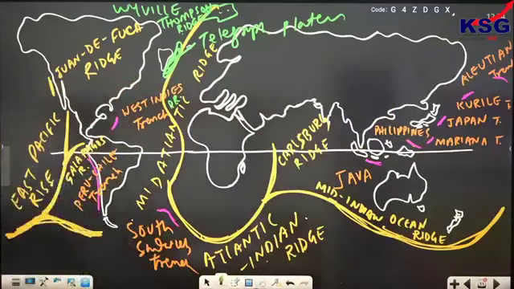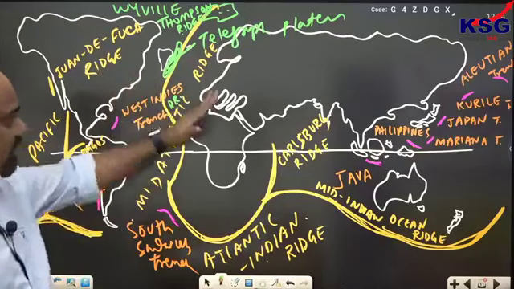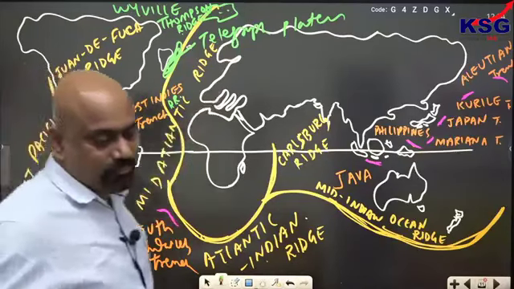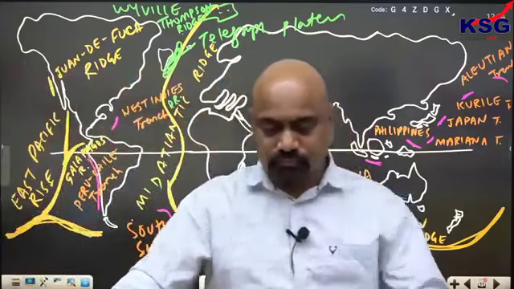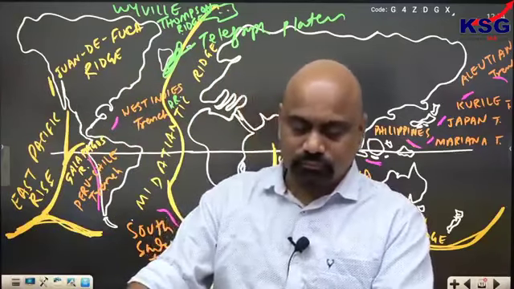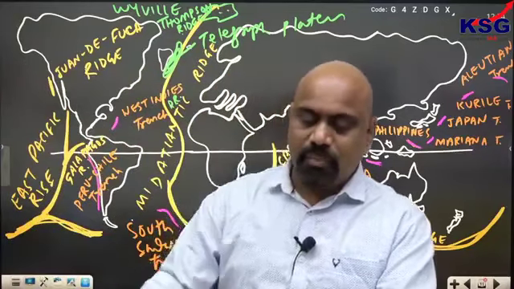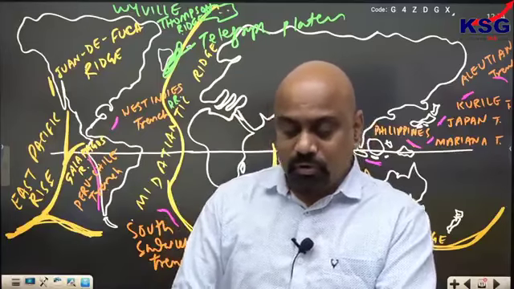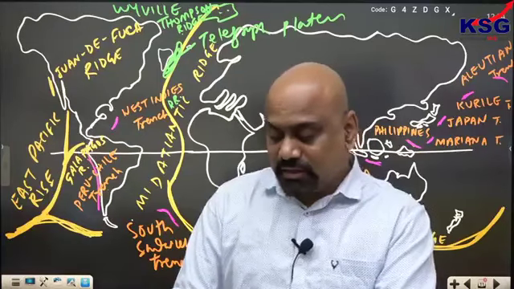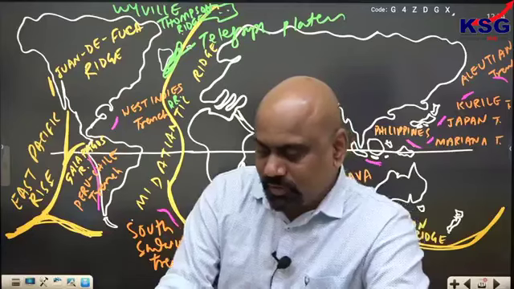Dolphin Rise is dividing this into two parts, here and here, east and west. They are part of the Atlantic Ridge, Mid-Atlantic Ridge, Dolphin Ridge.